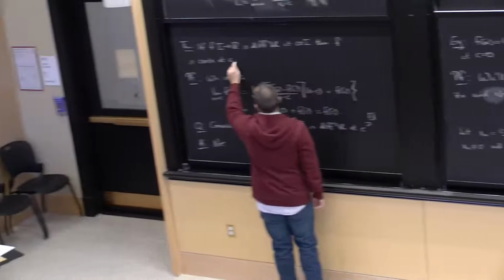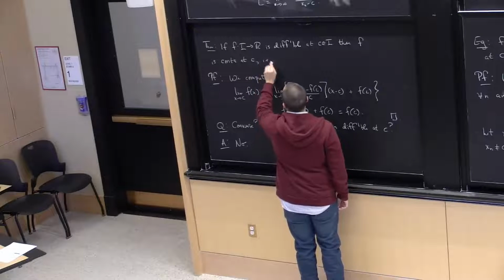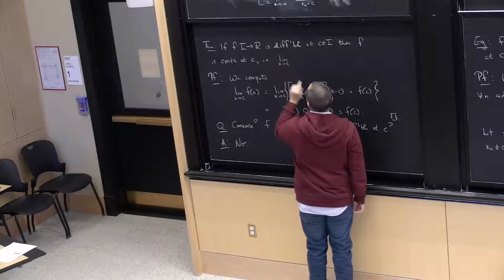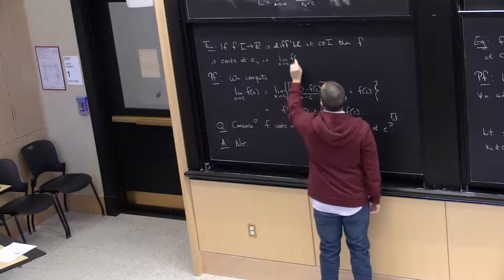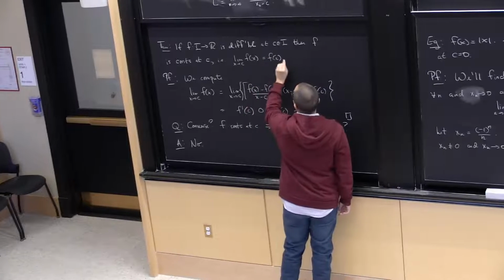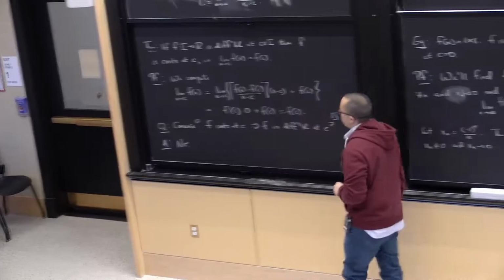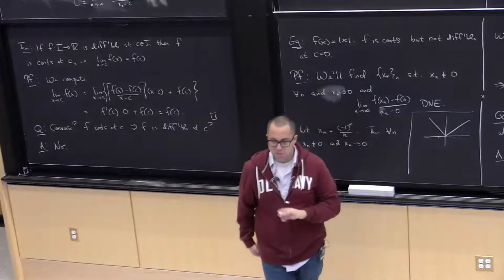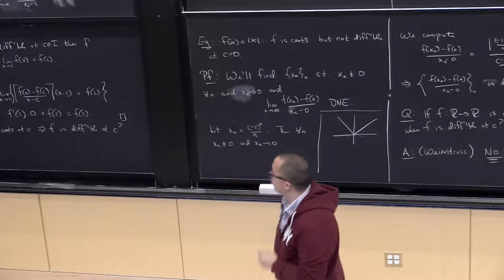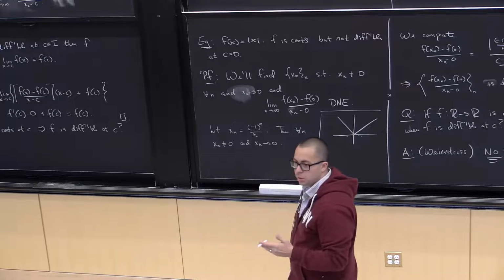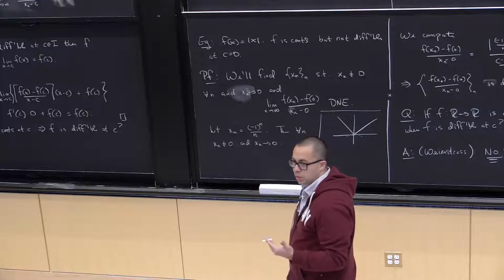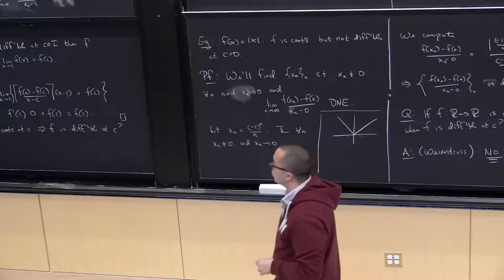So let me also add in here that continuity at the point c in an interval is equivalent to saying that the limit as x goes to c of f of x equals f of c. Now this is a subtle point that I want to make: for an interval, open, closed, half closed, whatever, any point in that interval is a cluster point of that interval.